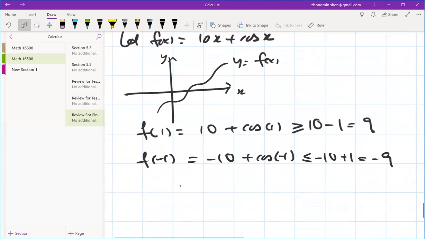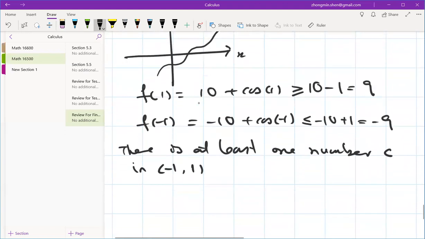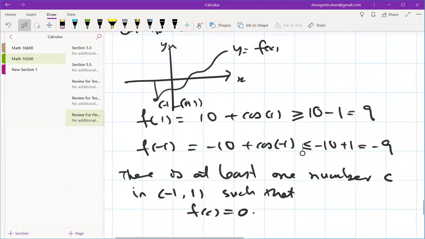So what does that mean? That means f has opposite signs at the two endpoints. So then there is at least one number c in the interval from -1 to 1 such that f(c) equals 0, right? Because at one end, f(-1) is negative, and the other end, f(1), is positive.